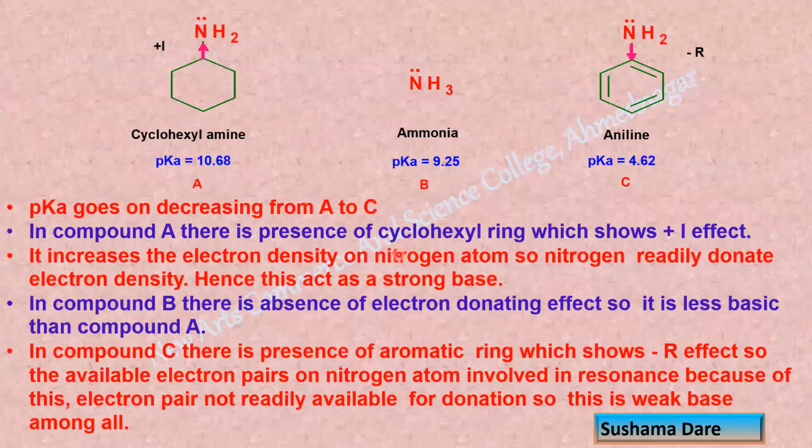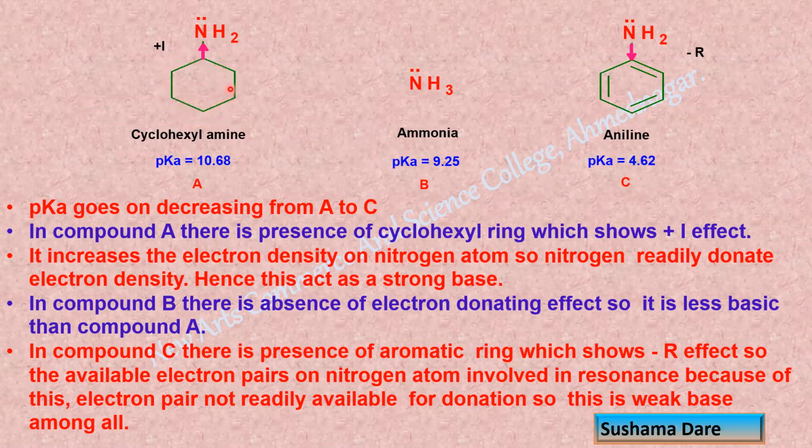We discuss one example for this. This is an aliphatic base where, on the cyclohexyl group, there is no other group which shows any other effect. Only the cyclohexyl group is there. And in case of aniline, only the phenyl group is there. Again, there is no other group present on the aromatic carbon. So I call this an aliphatic base and this one an aromatic base.